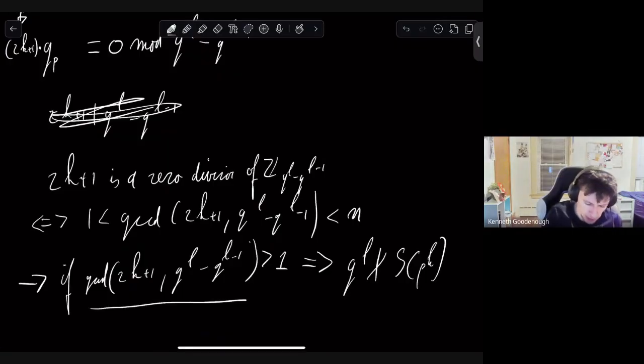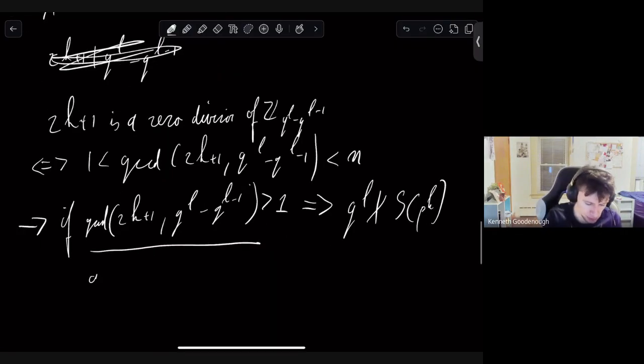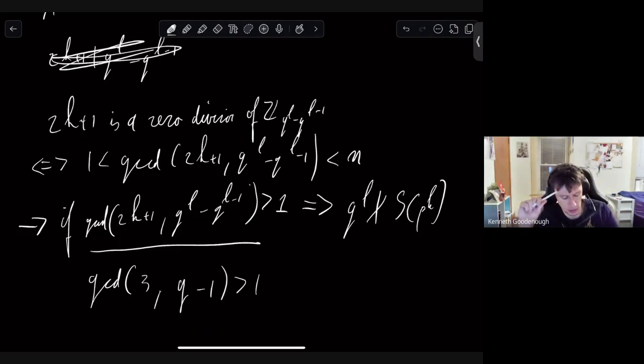And there we had this very nice form, because what did this reduce to? This reduced back to the GCD of 3 and Q minus 1 is greater than. Wait, let's see. Am I saying that correctly?